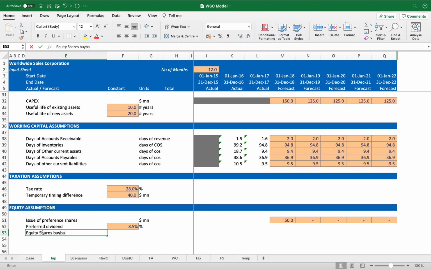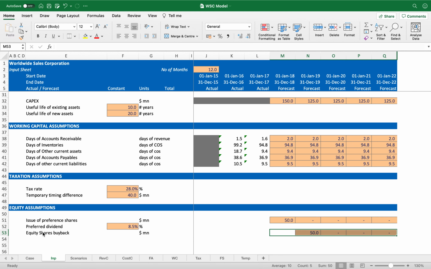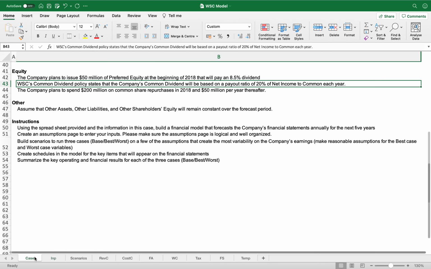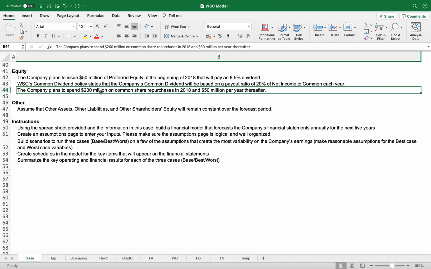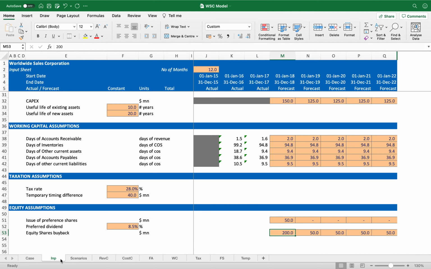Then equity shares buyback. How much am I buying back? So in 2018, 200 million, and thereafter it was 50 million. Perfect.